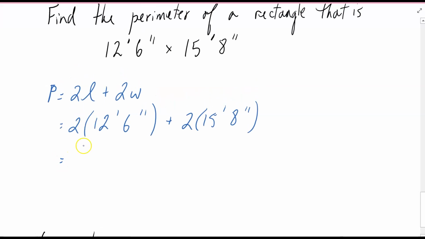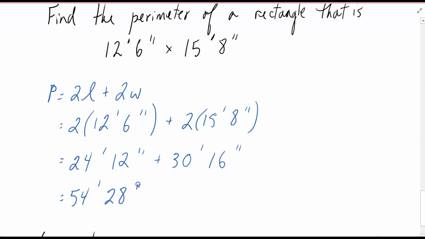And we end up with 24 feet, 12 inches, plus 30 feet, 16 inches. So I can add my feet, 24 and 30, which gives me 54 feet. And I can add my inches, 12 inches and 16 inches is 28 inches.